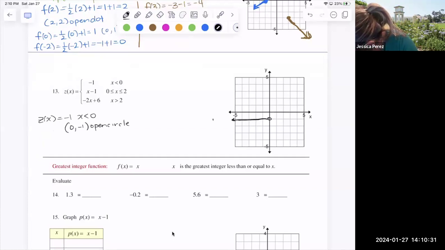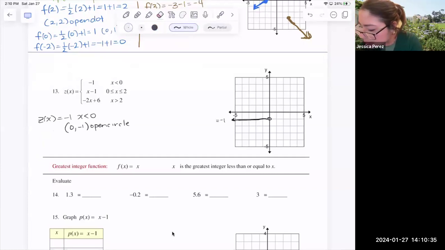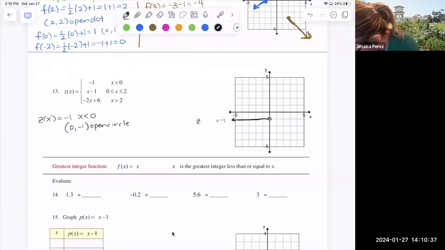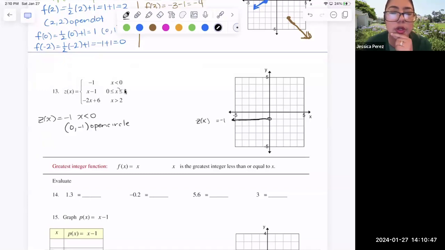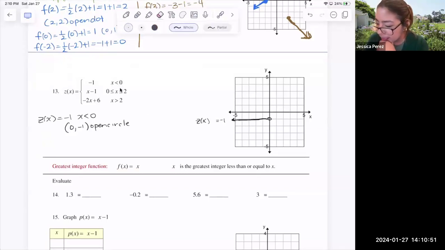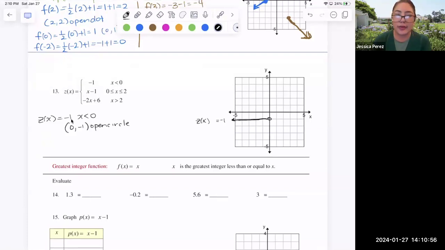So z of x is equal to -1 everywhere where x is less than 0. But at 0, you have an open circle because you're not defined there. And I know it's a horizontal line because z of x equals -1.